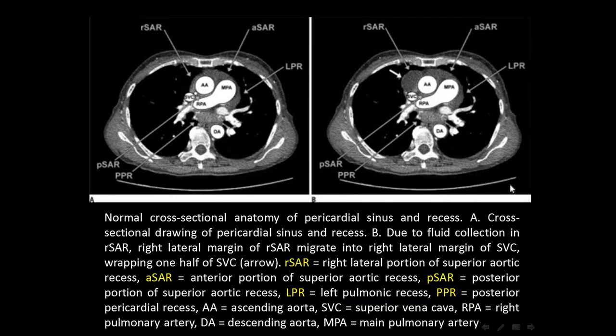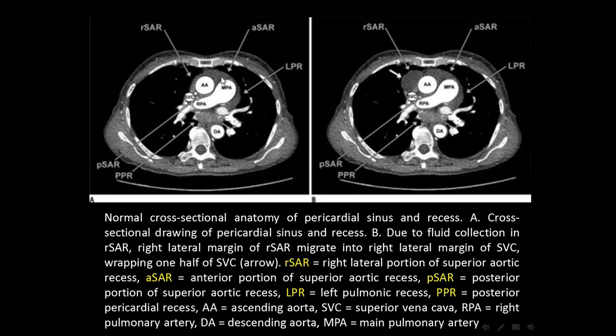This is a normal cross-section CT. In A, we see the ascending aorta, descending aorta, main pulmonary artery, right pulmonary artery, and the superior vena cava. Anterior to the ascending aorta is the superior aortic recess. On the right side, it's called the right superior aortic recess, and anteriorly is the anterior supraaortic recess.